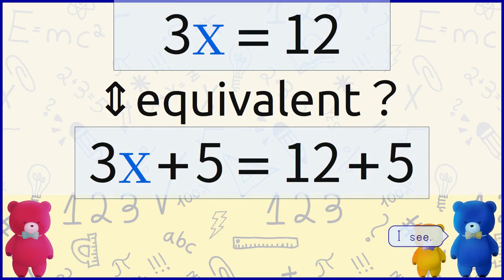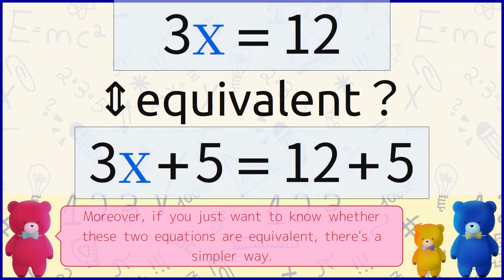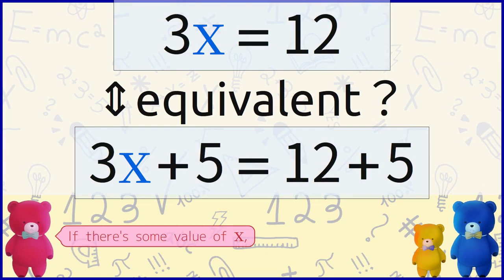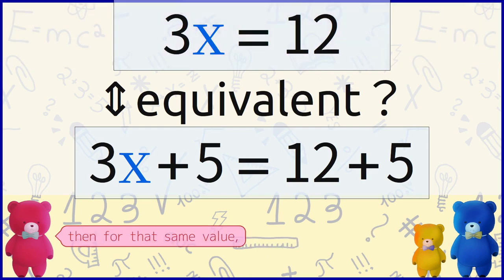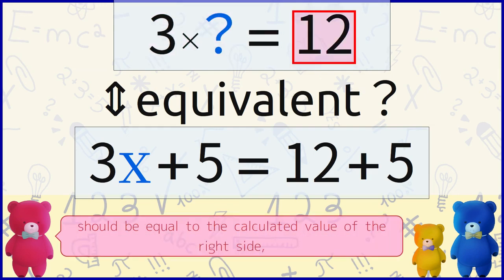I see. Moreover, if you just want to know whether these two equations are equivalent, there is a simpler way. How, sir? If there is some value of x, like x equals question mark, and if this equation holds true for that value, then for that same value, the calculated value of the left side should be equal to the calculated value of the right side.